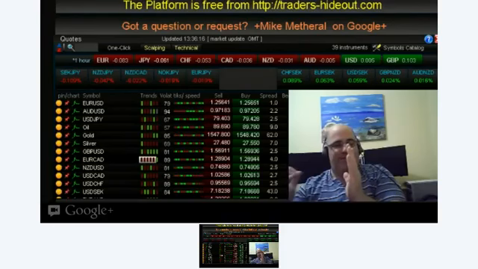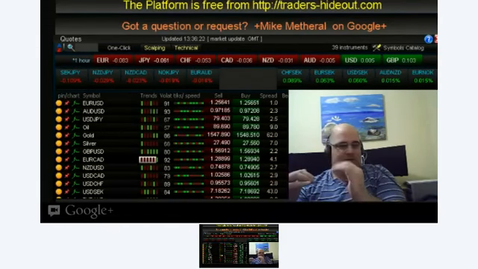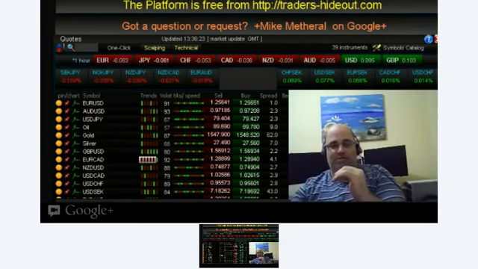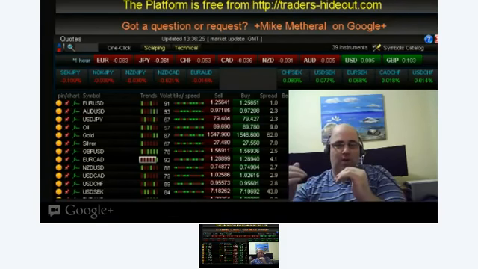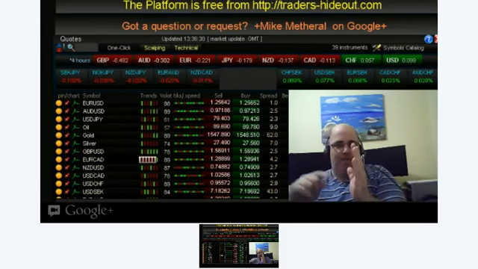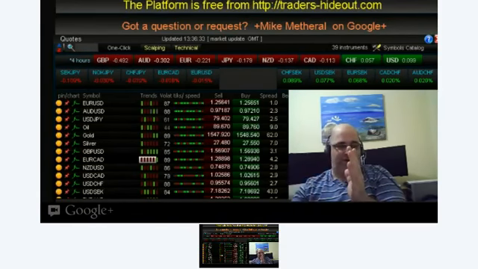Now, the Swiss franc, obviously, if the dollar is getting stronger, chances are the Swiss will get weaker versus the dollar as well. So you would be doing a buy on the US dollar versus the Swiss franc.